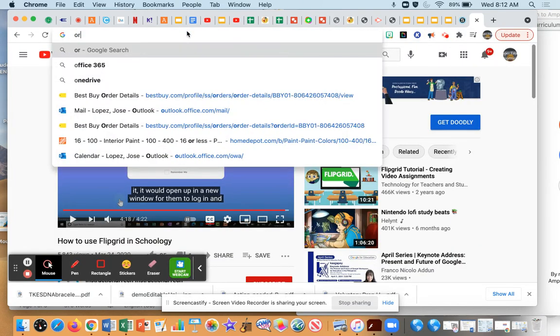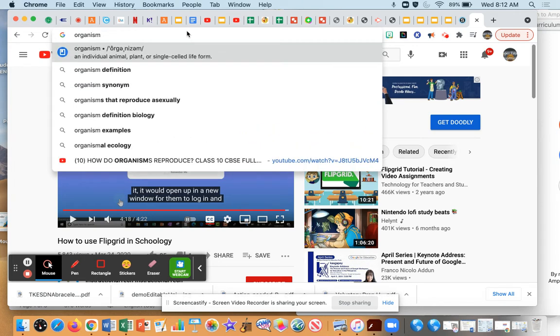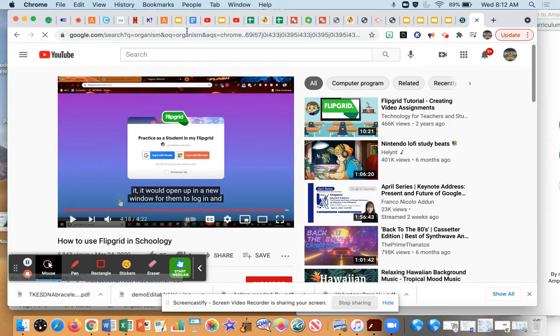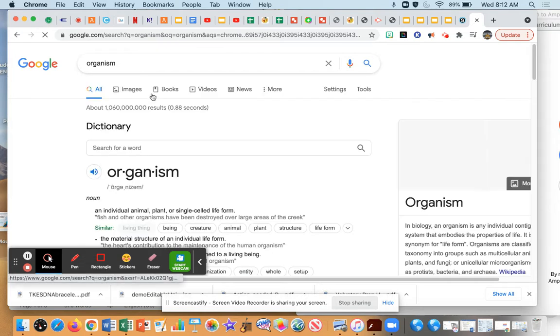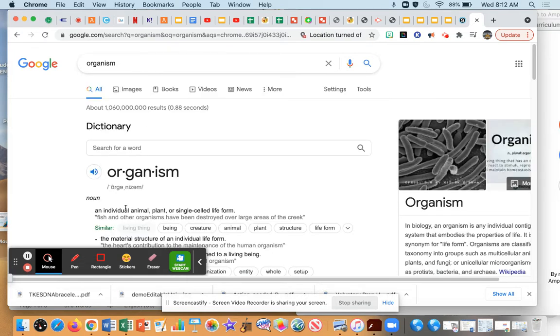If you type organism, it says here an individual animal, plant, or single-celled life form. Anything that lives: creatures, animals, plants.